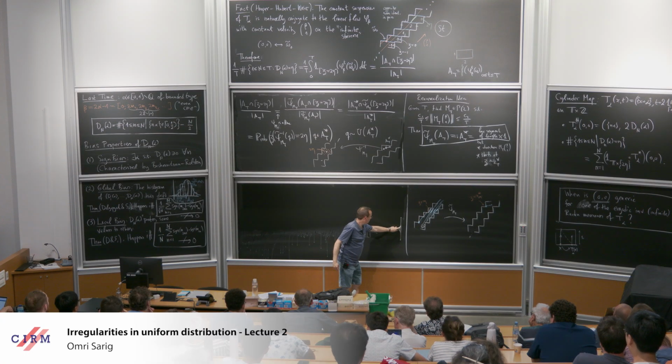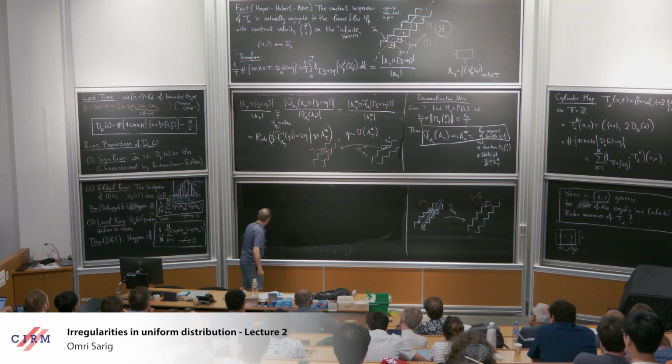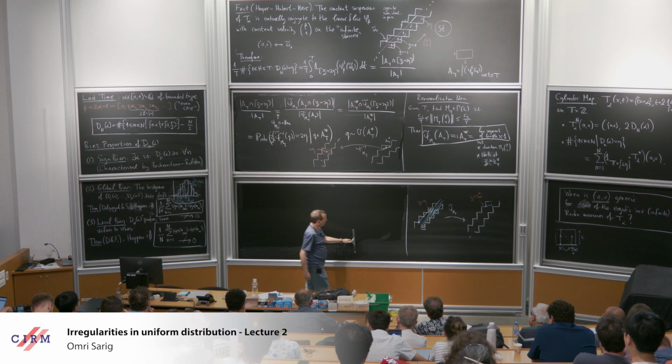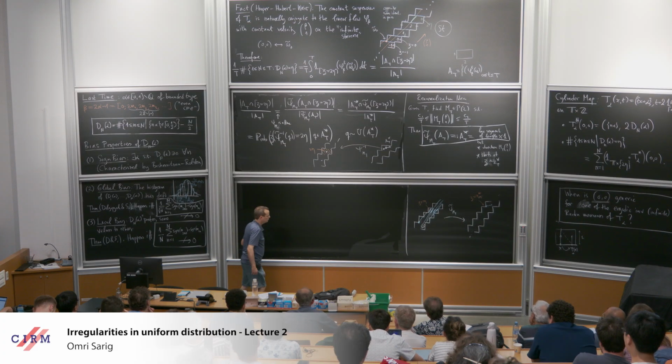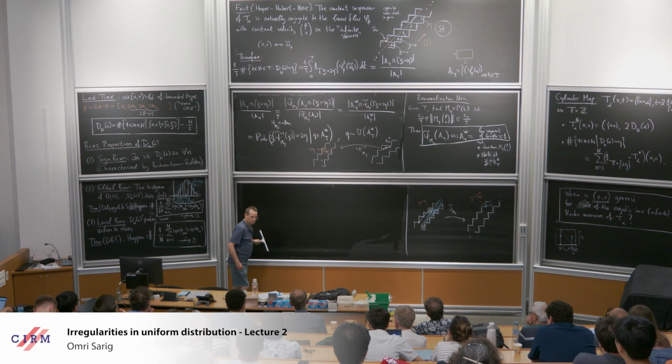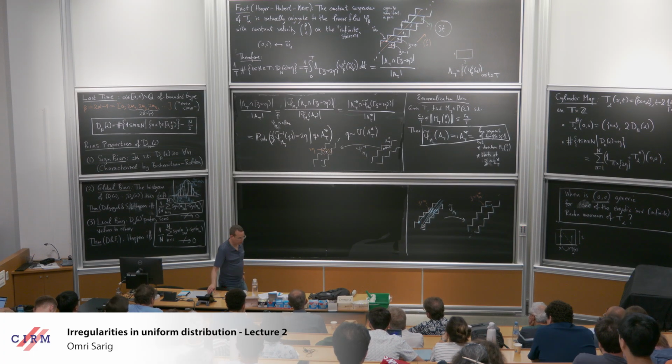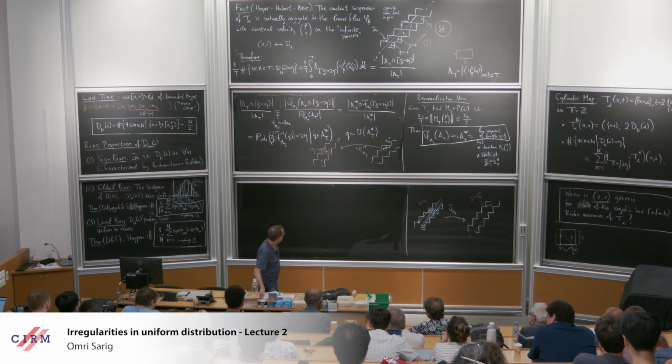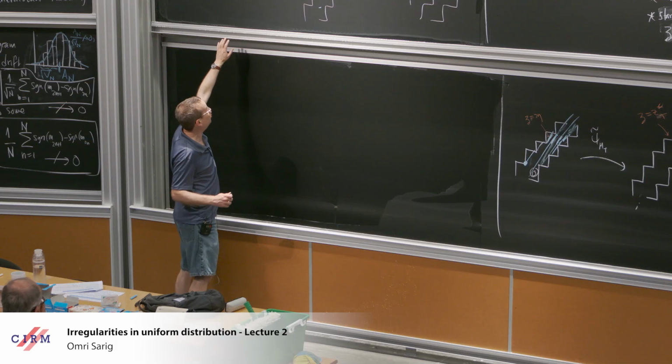What I'm aiming at is to rewrite this probability in the form of what's called the hitting probability of a random walk. And then, in the next lecture, we will discuss the problem of estimating these probabilities using a local limit theorem. That's where we are going.